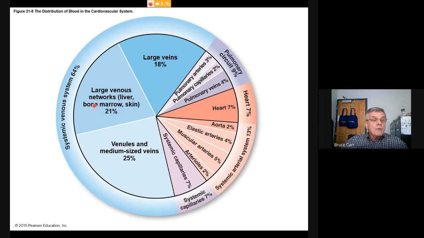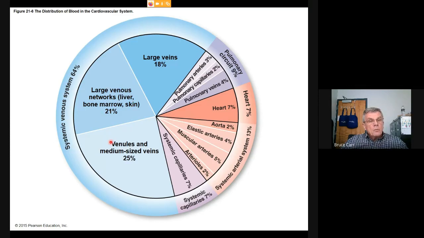The bone marrow is the site of blood cell production, and therefore it's constantly dumping new cells and assessing old cells. And the skin, where blood flow is involved in thermoregulation, so it's very dense capillary and vein networks.